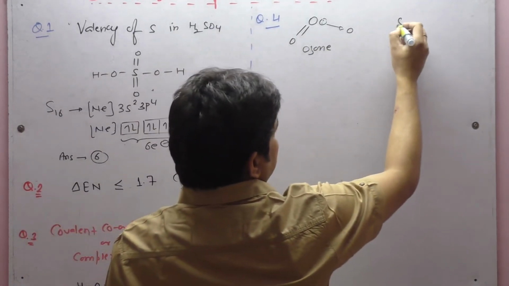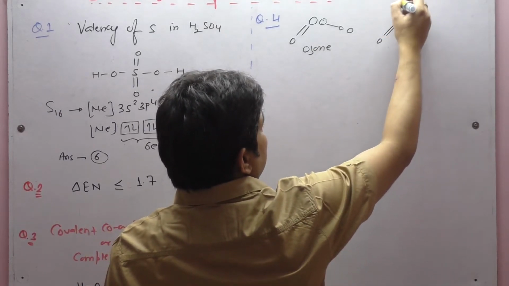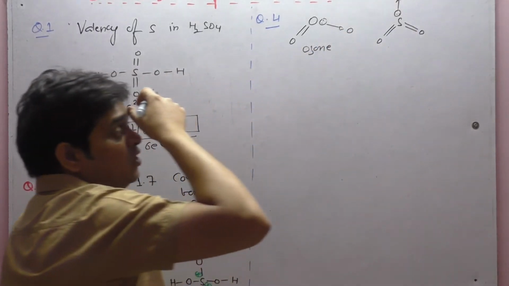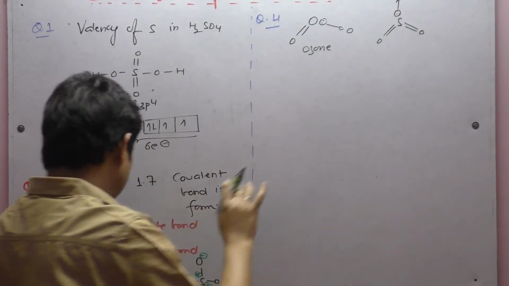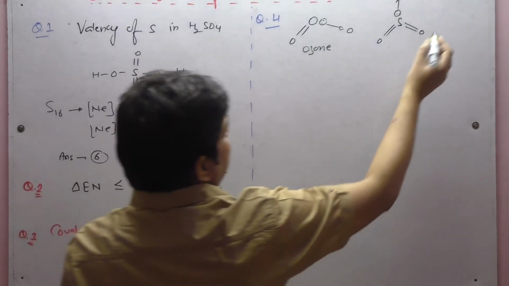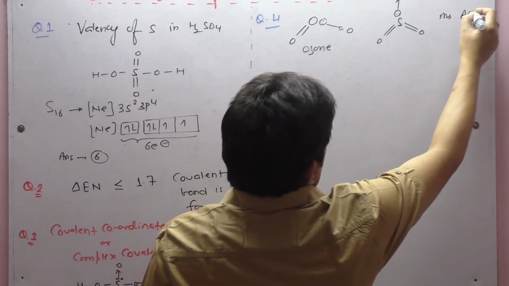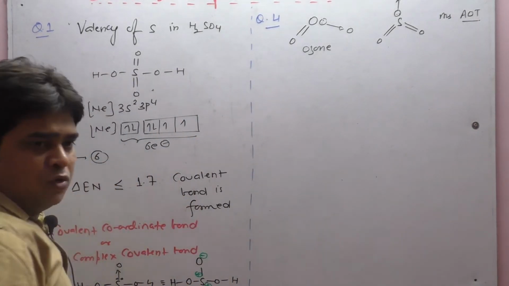And in SO3 also we can have the coordinate bond according to the Lewis dot structure. In H2SO4 we have already seen the presence of coordinate bond. Therefore the answer will be all of these. This is question number 4. Now come to the next.